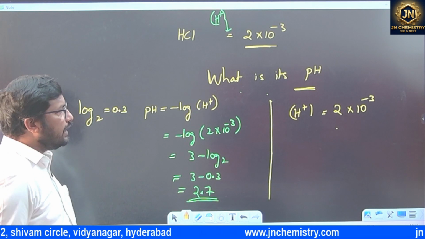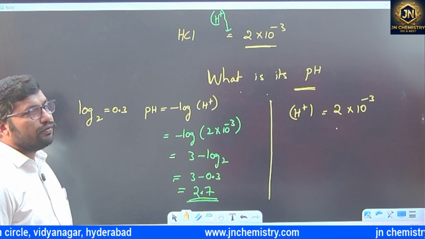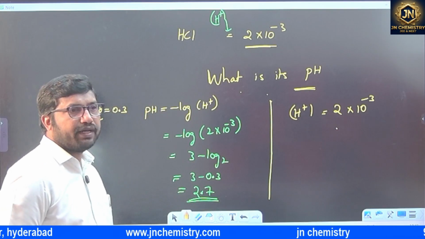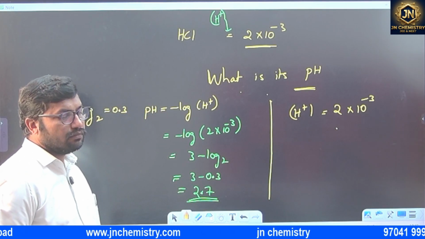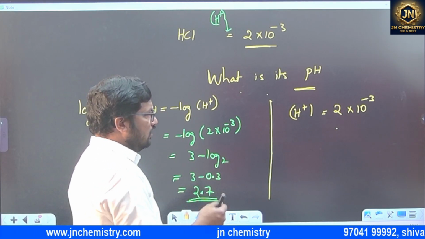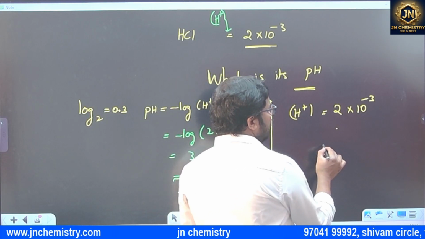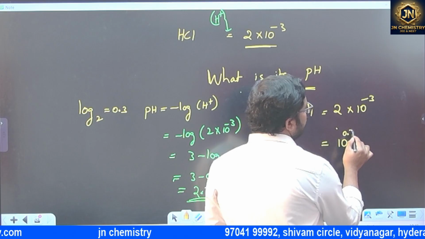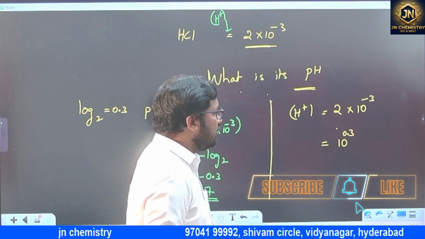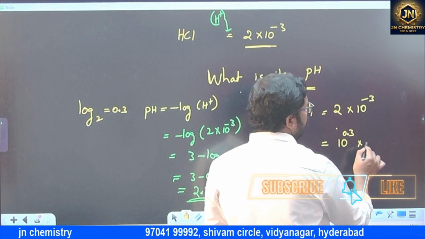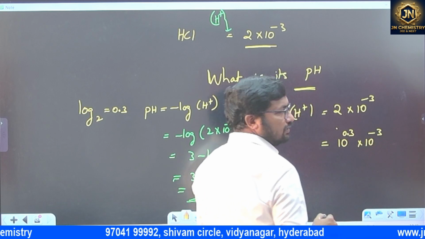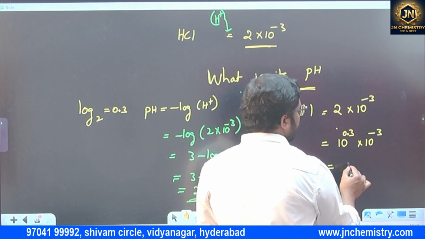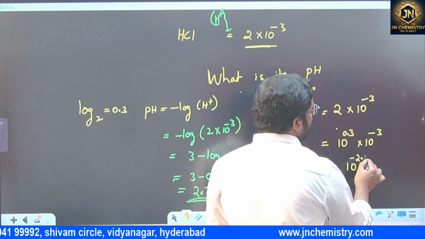So if we write 2 in terms of a power of 10, can I write 10 to the power of 0.3, into 10 to the power of minus 3? That means 10 to the power of minus 2.7.